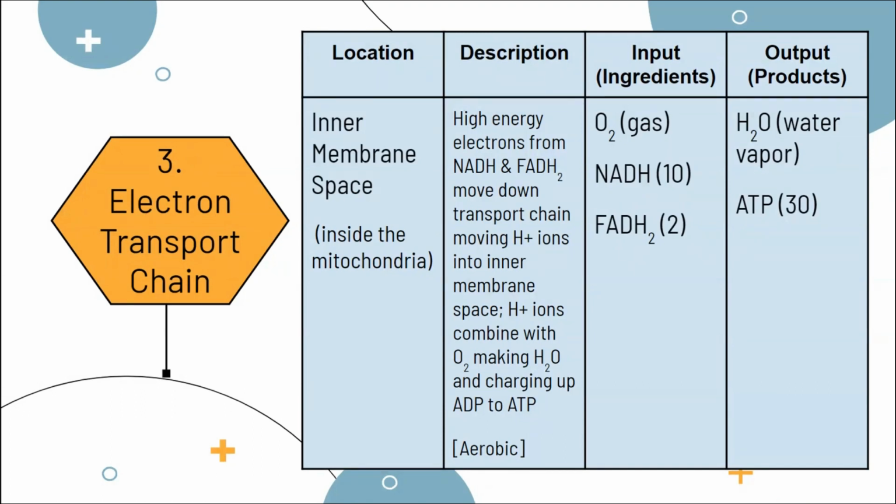Now, the ingredients that we need, the input, we have oxygen, which we breathe in. We have the 10 NADHs. Those 10 come from glycolysis and Krebs cycle. 2 FADH2s, which came from the Krebs cycle. And we create water, H2O, and it's a water vapor.